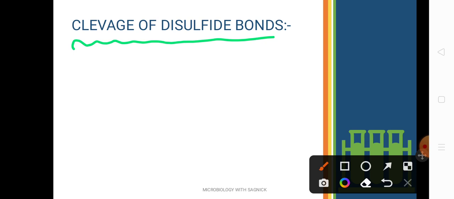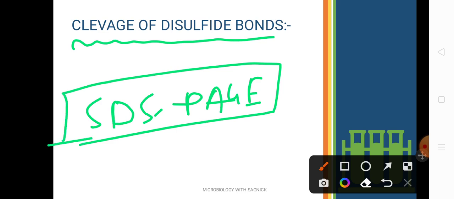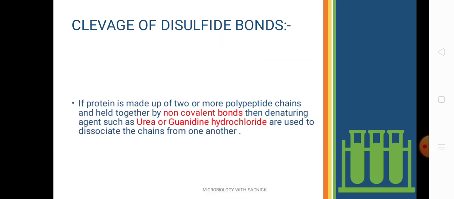So cleavage of non-covalent bonds as well as disulfide bonds is very important. Not only that, in the case of SDS-PAGE, where we are trying to determine the molecular weight of the protein, it is very important to degrade the protein into its very basic form. So that is why these things are very important.